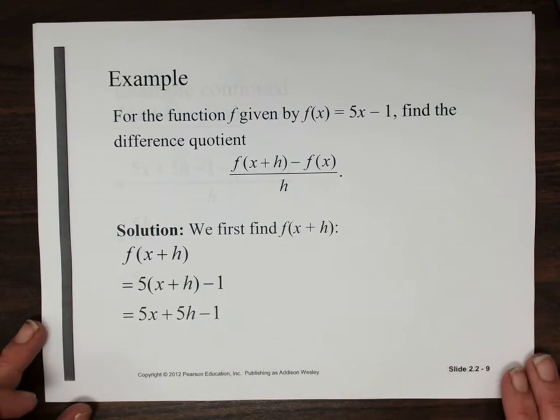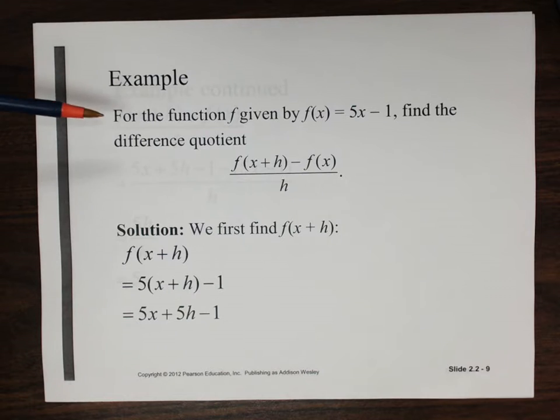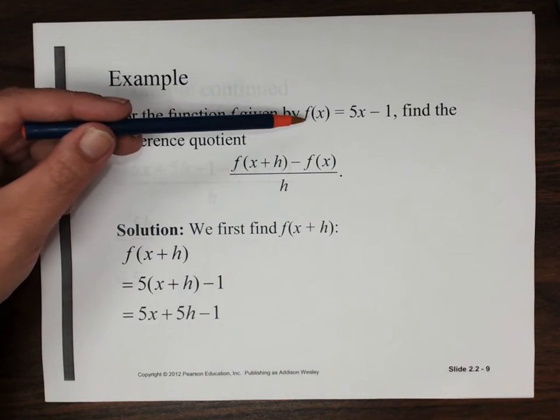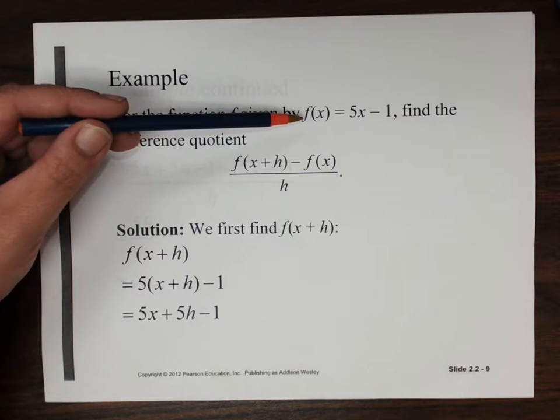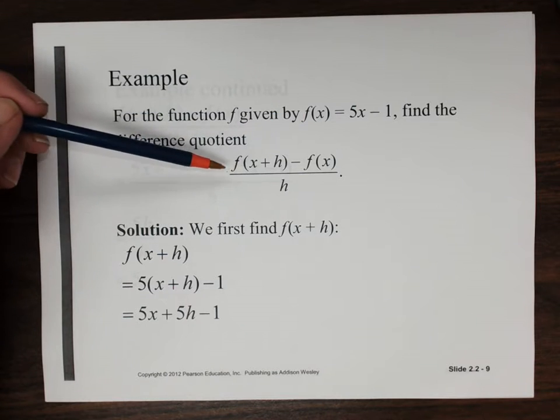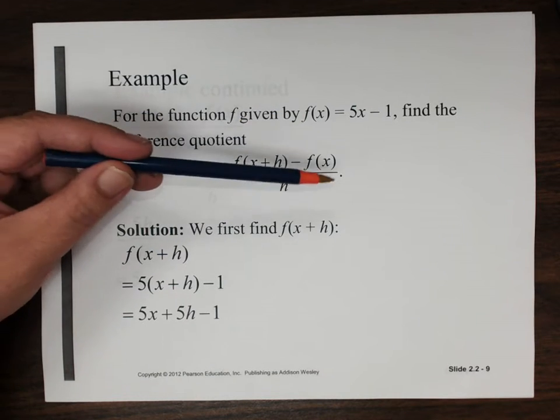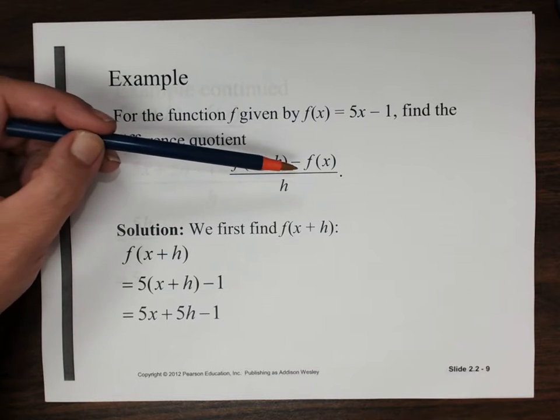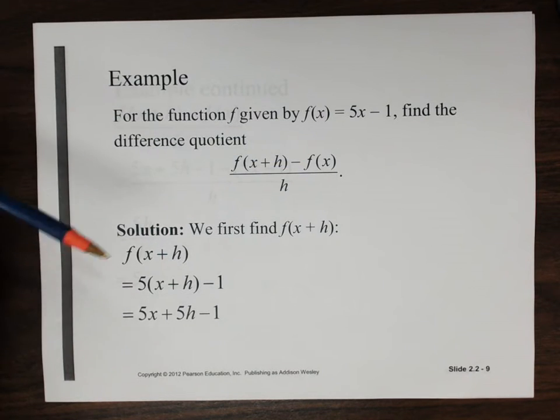So here we have an example, and we want to find the difference quotient of this function, 5x minus 1. Here's our difference quotient formula, f of x plus h minus f of x divided by h.